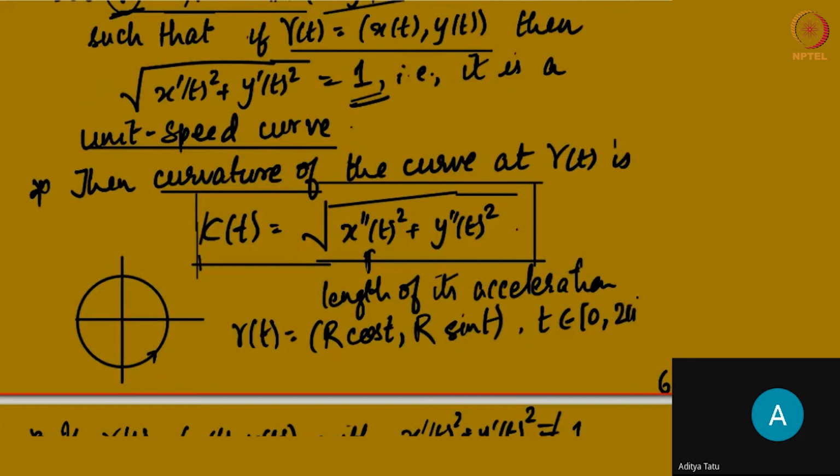What is the curve that gamma represents? Circle. Circle of radius r at center 0, 0. Good. So what is the curvature at any point of this circle?